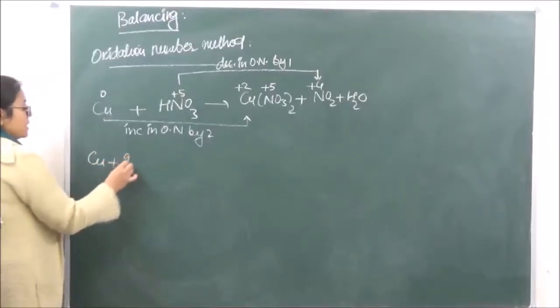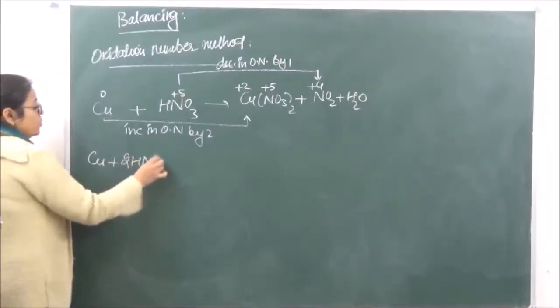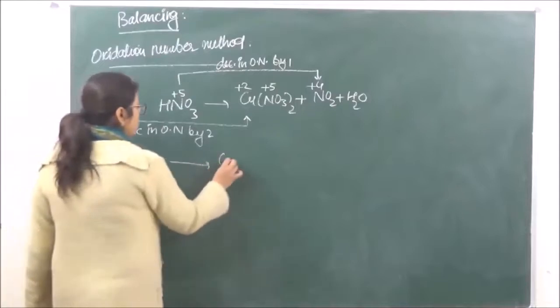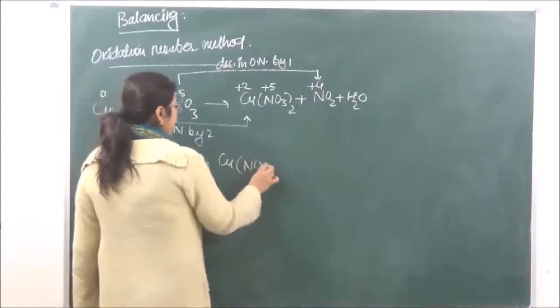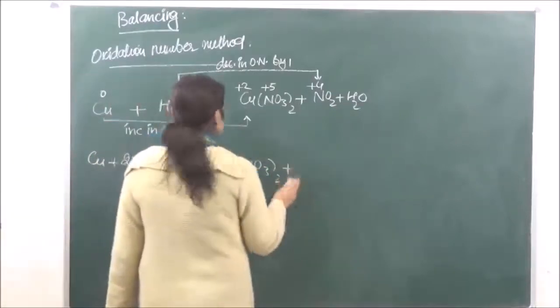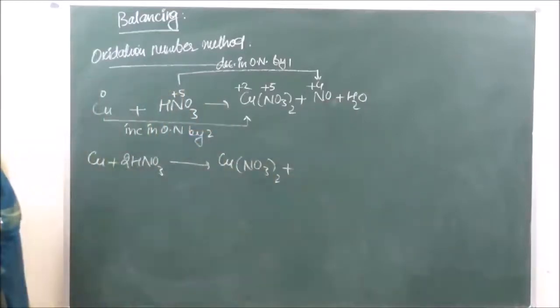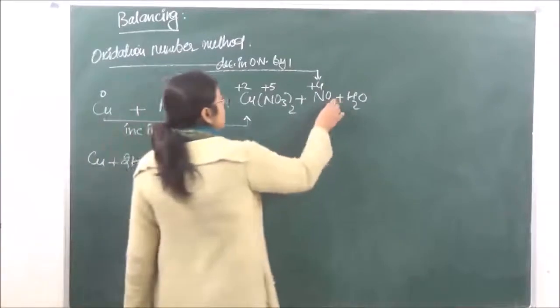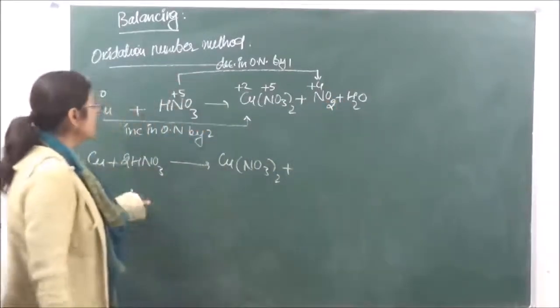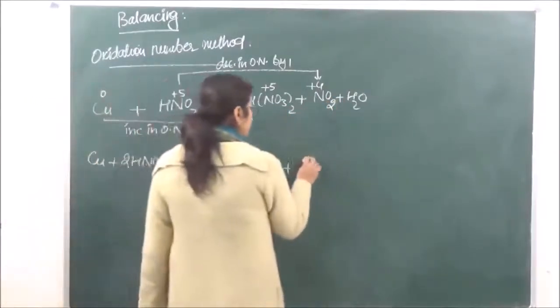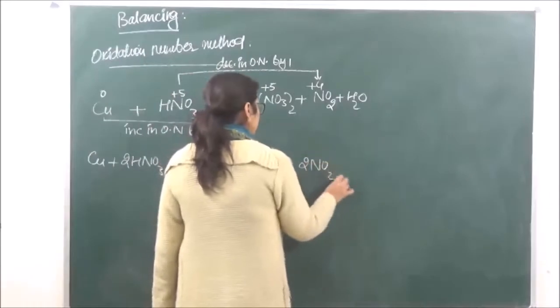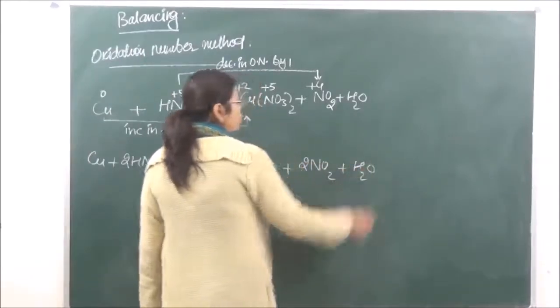Cu plus 2HNO3 to give you Cu(NO3)2 plus NO2, right? And plus we are going to get over here 2NO2 plus water.